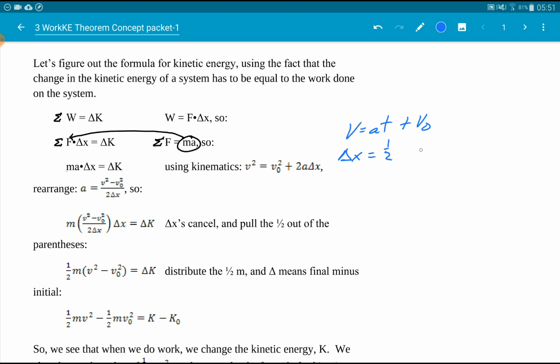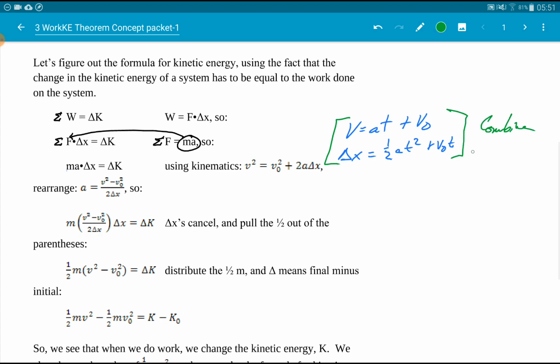That was looking at the position-time, velocity-time, and acceleration-time graphs, and we got these two equations from that.